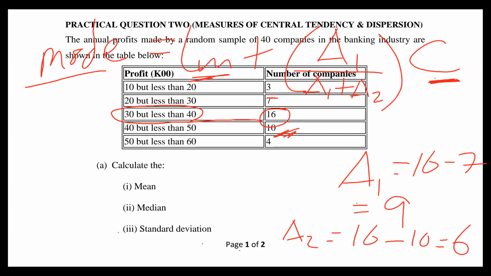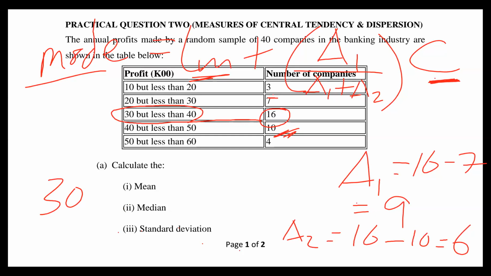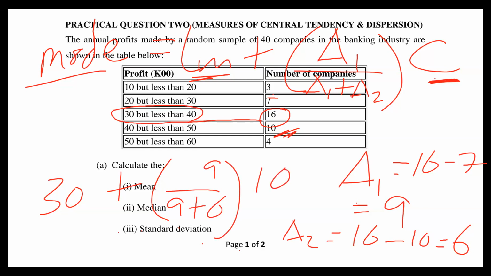So you have 30 plus delta 1, which is 9, divided by 9 plus 6, times the class size, which is 10.